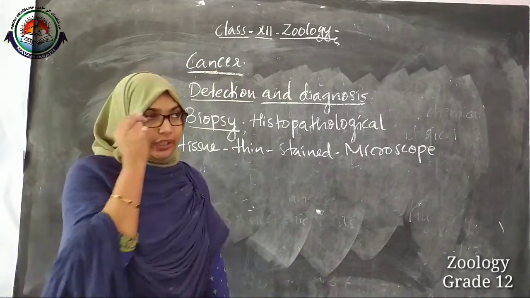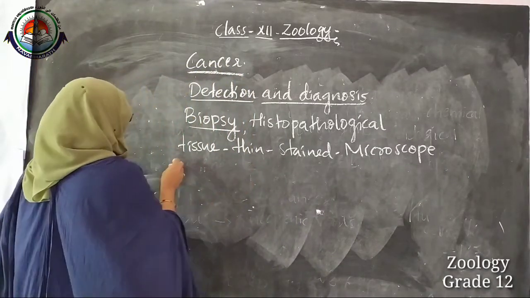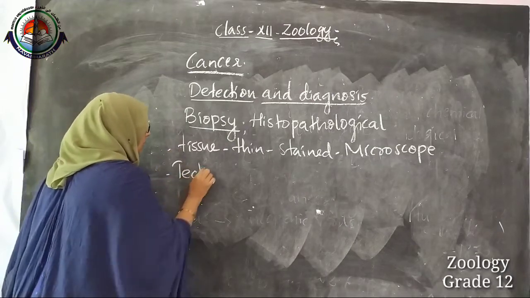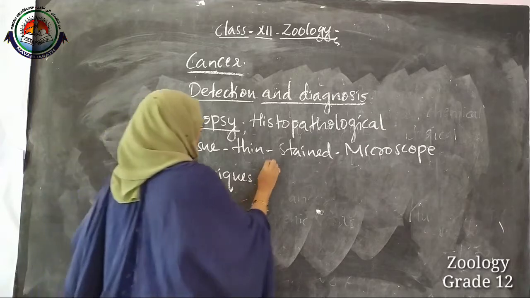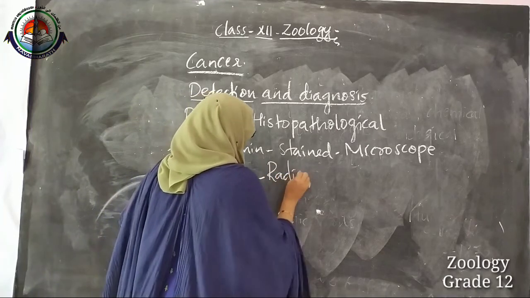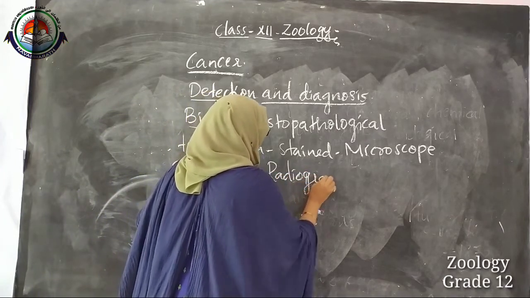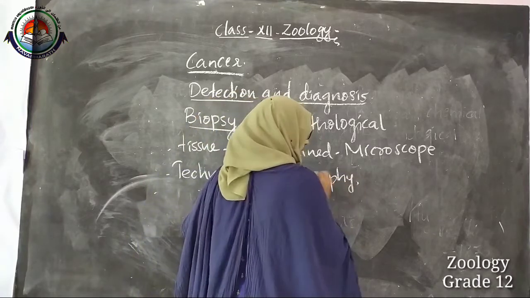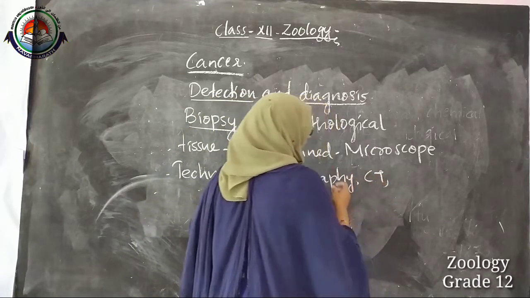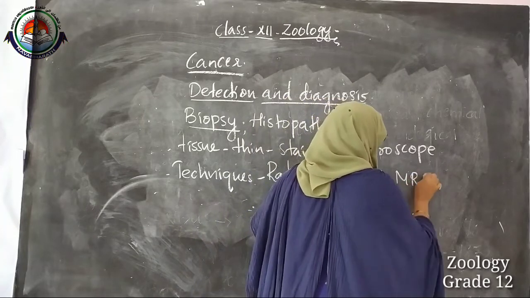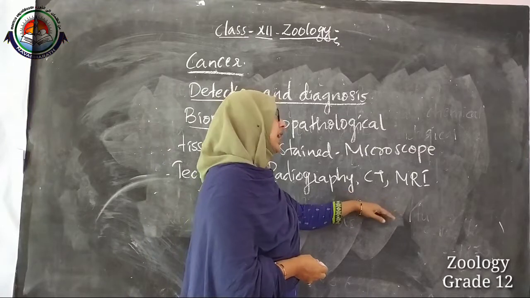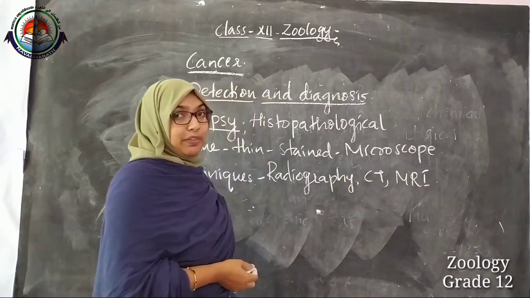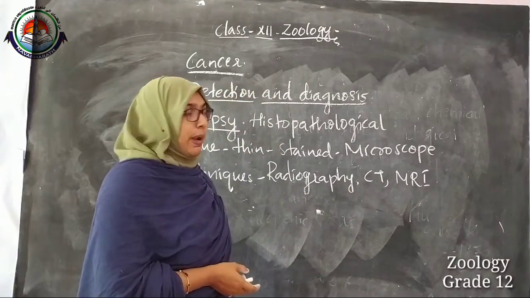Another thing, we are using some techniques which include radiography, that is using X-rays, CT, MRI. You have to study the expanded form of CT and MRI, both the abbreviation and the expanded form.